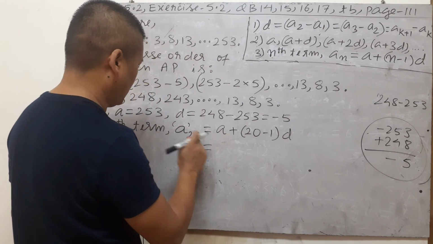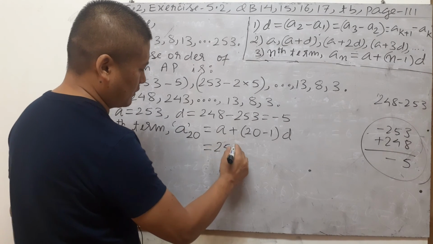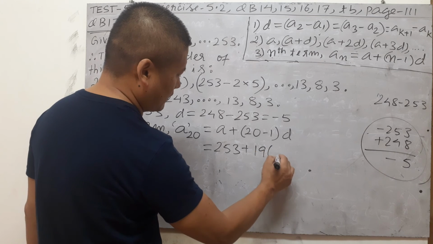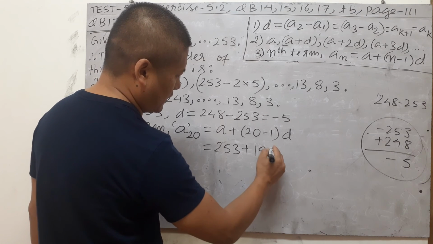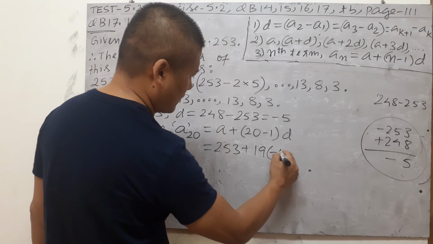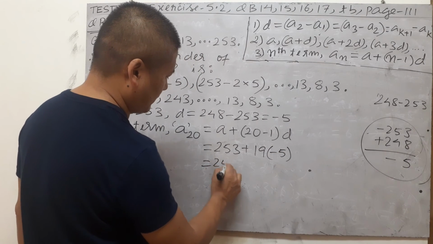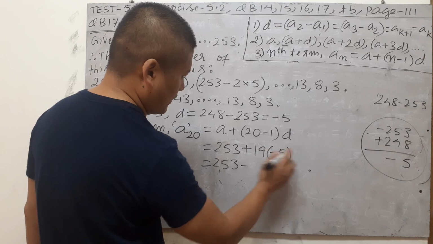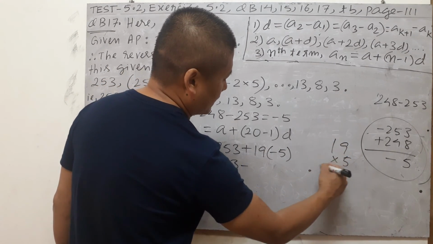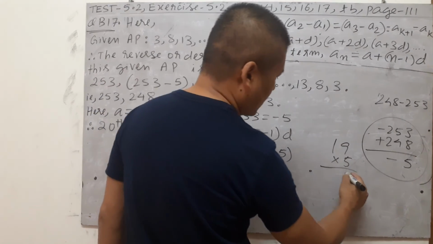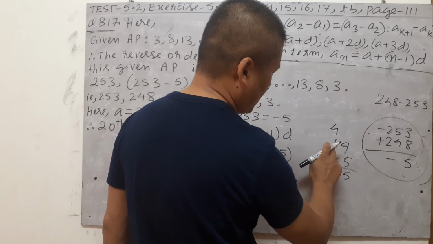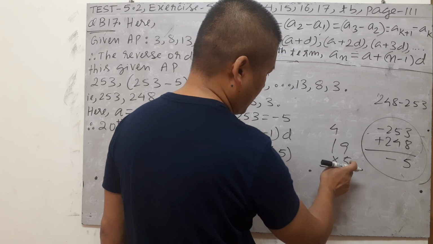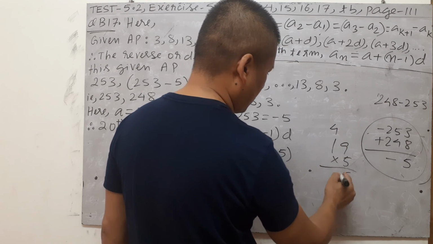So for the reverse AP it is 253 plus 19 into d, which is minus 5. So 253 plus, into minus, minus 19 into 5. On the rough: 5 nines are 45, 4 in hand, 5 ones are 5, 9, so 95.